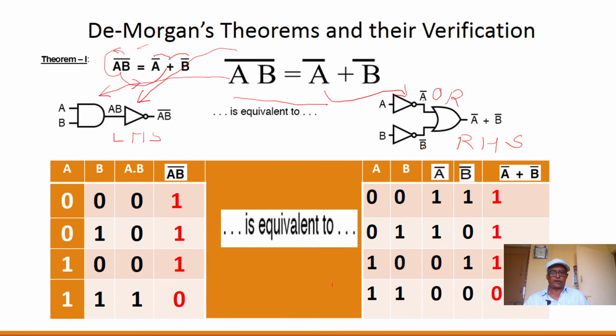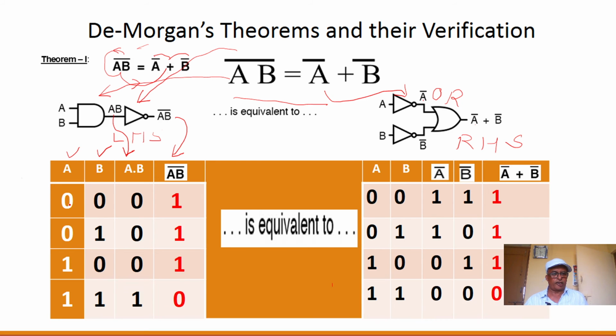Now let us consider the truth table. For the left side, we select one column for A, another for B, these are the two inputs. Also here we will need A into B, and the final output we take in the last column. We take all possible combinations: 0 0, 0 1, 1 0 and 1 1.